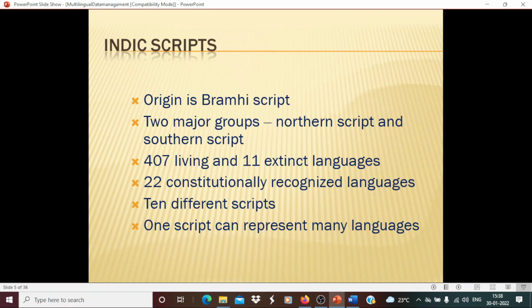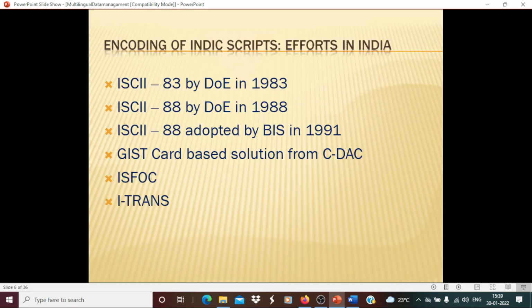Then there is a language in Manipur called Vishnupriya Manipuri. There is a language in the adjacent area in the northeast called Sylheti. All are based on Bengali script. So this is one of the unities in diversity in India. One script can represent many languages, and that is beneficial from the point of view of multilingual computing.